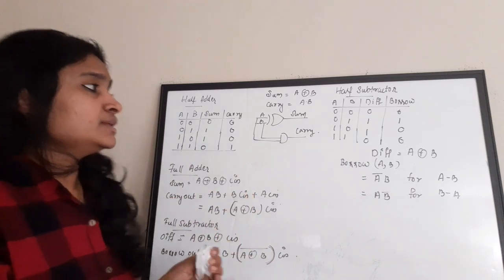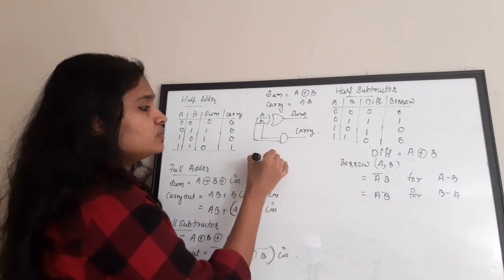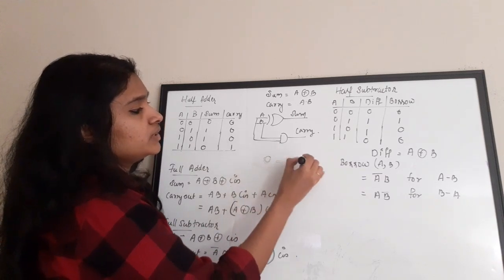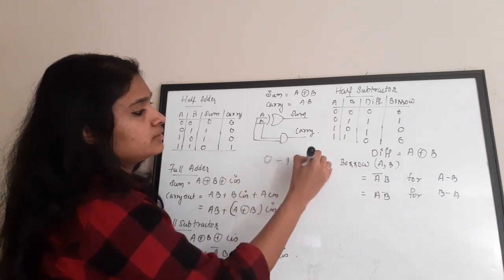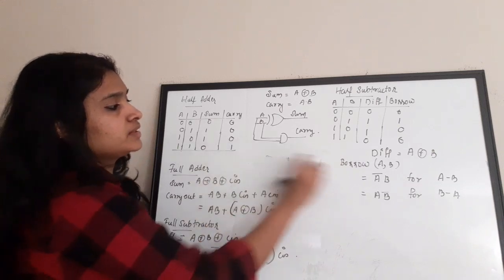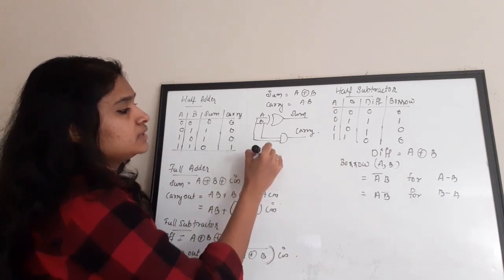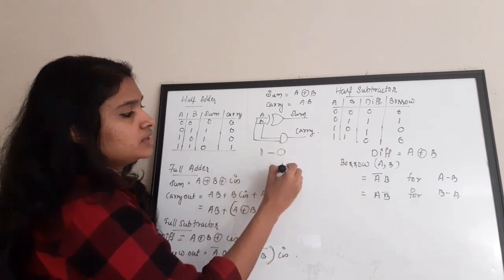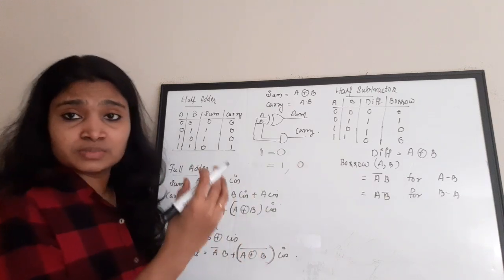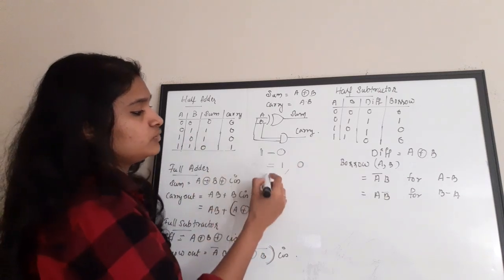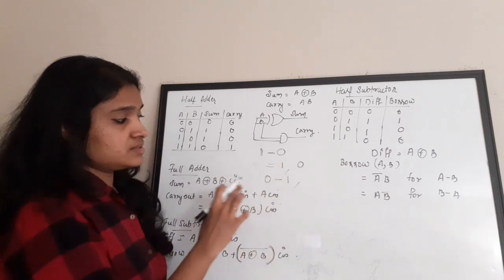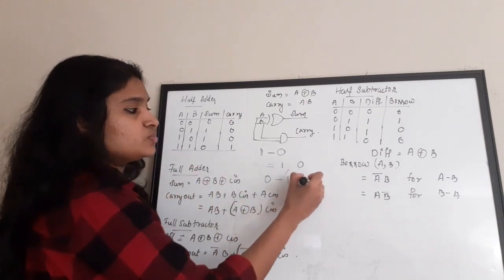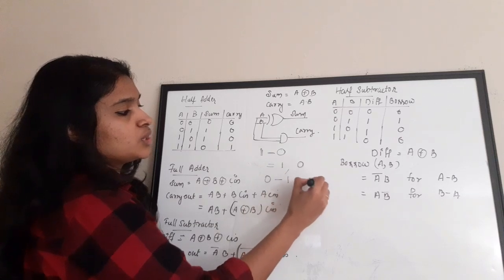There is no borrow if you subtract 0 from 1. But if you do 0 minus 1, that is, from 0 you subtract 1, the difference is 1 and borrow is again 1.